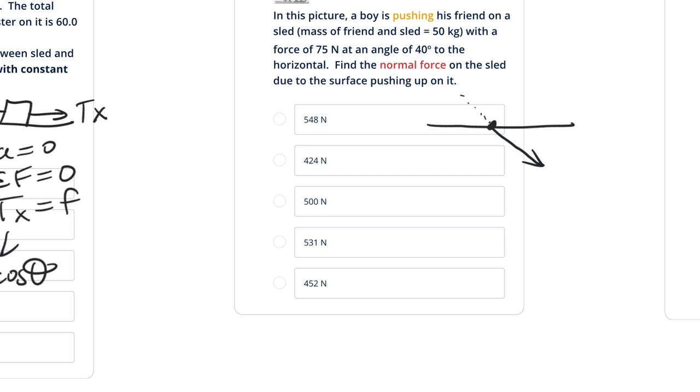The sled has a mass of 50 kilograms, so there's also, let's call that the applied force right there. There's a weight, and that equals mg, m being 50 up here.